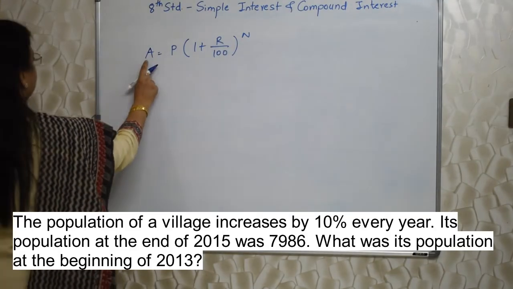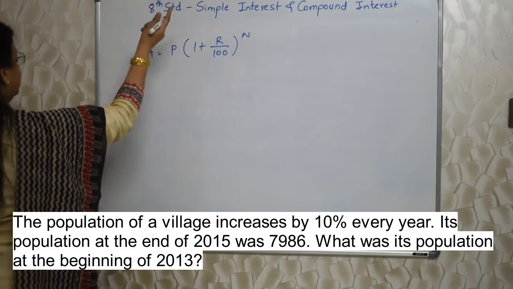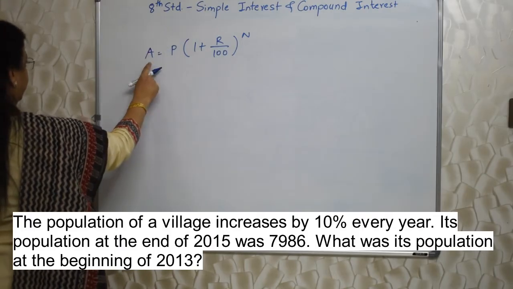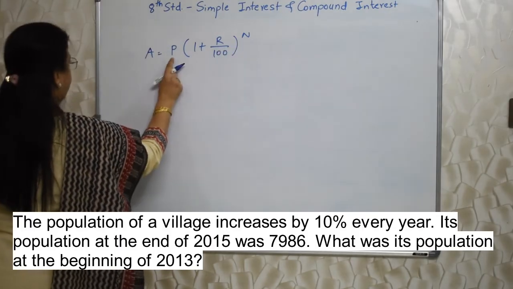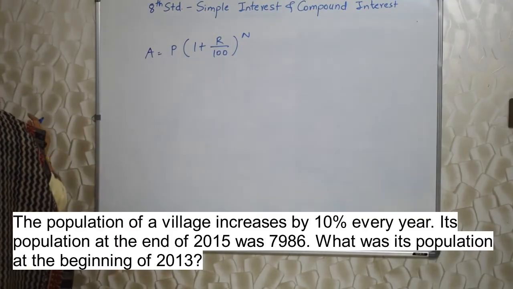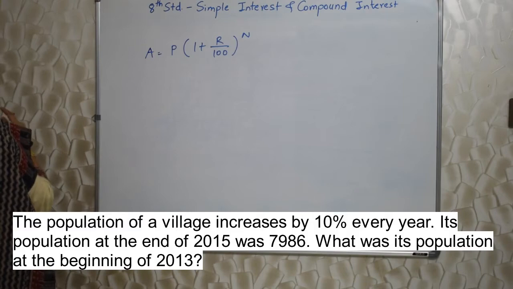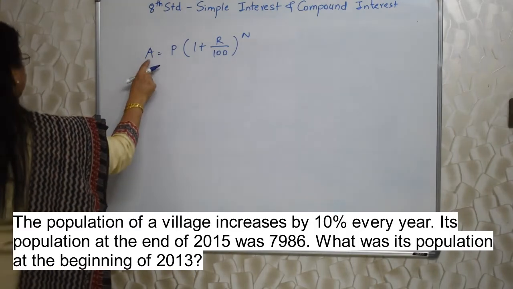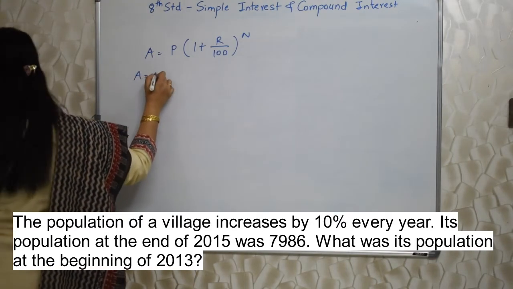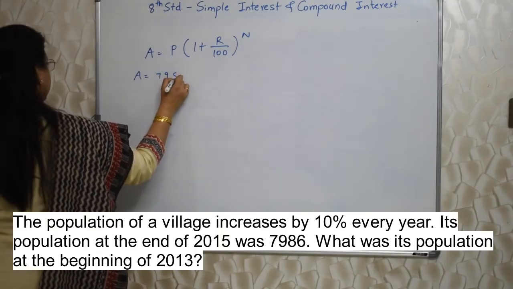So this is increased figure after so many years, and this is the beginning figure. Okay, so here what they have given, they have given us 2015 end ka figure, that is A they have given us 7986.